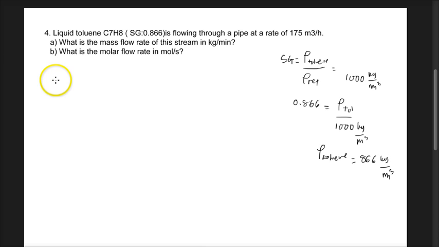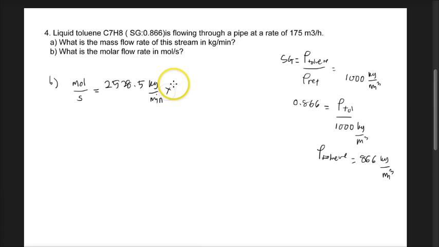For part B, it wants us to convert from mass flow rate to molar flow rate, in mole per second. So the end result will be mole per second. The value we got in part A was 2528.5 kilogram per minute.